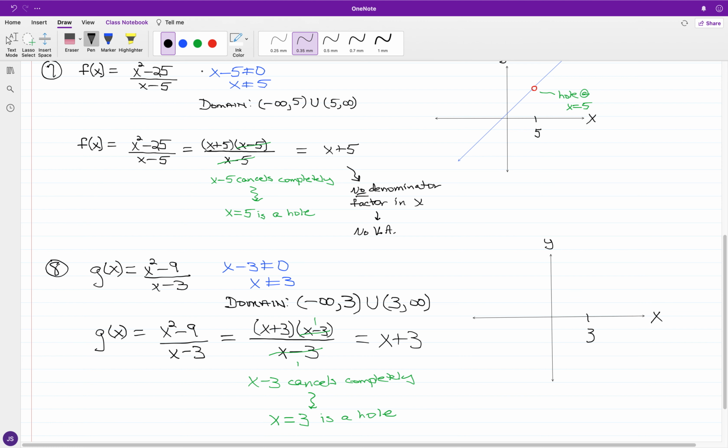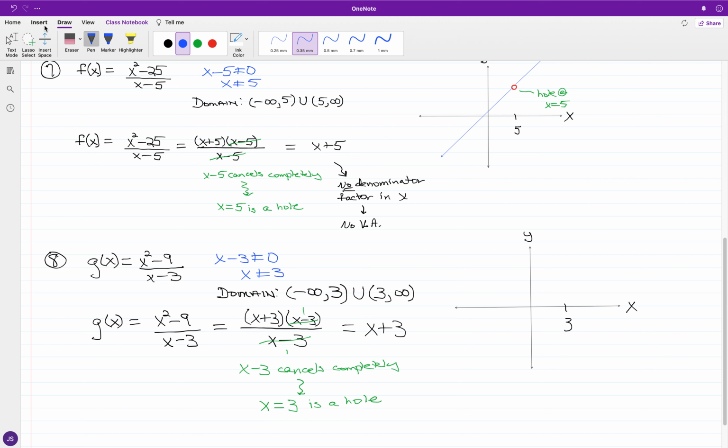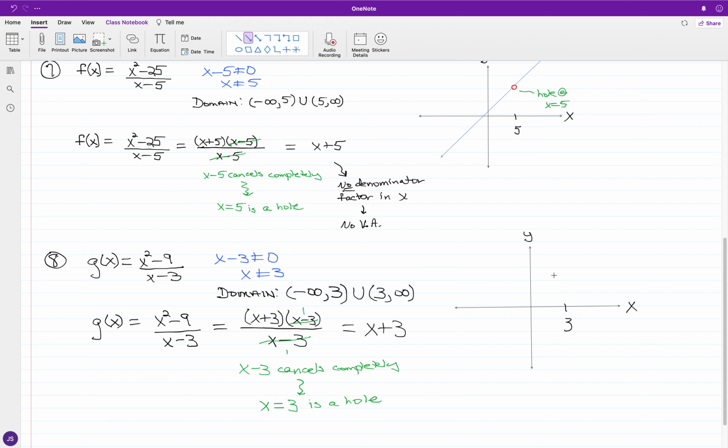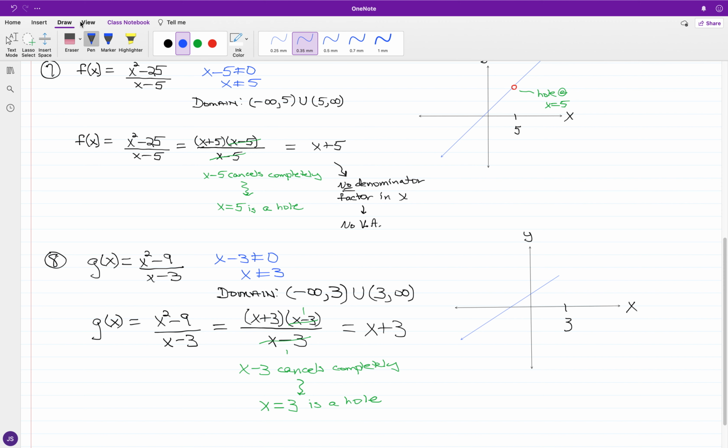And once again, just taking what we have in the graph of g of x, once again, we have a hole located at x equals 3.